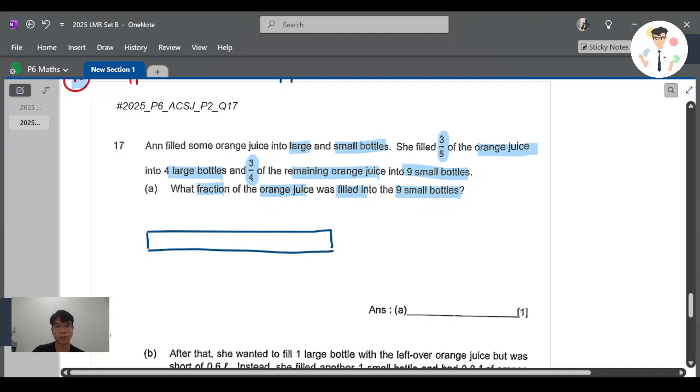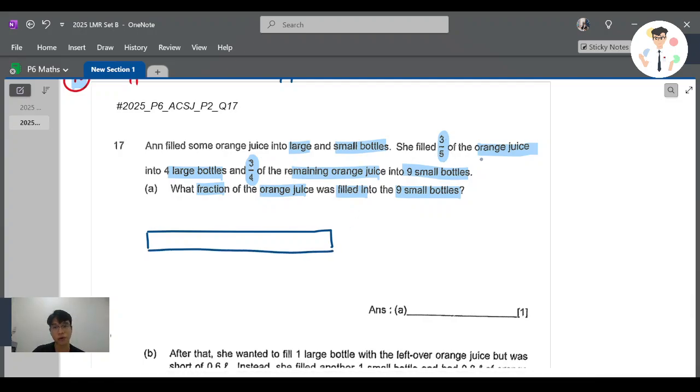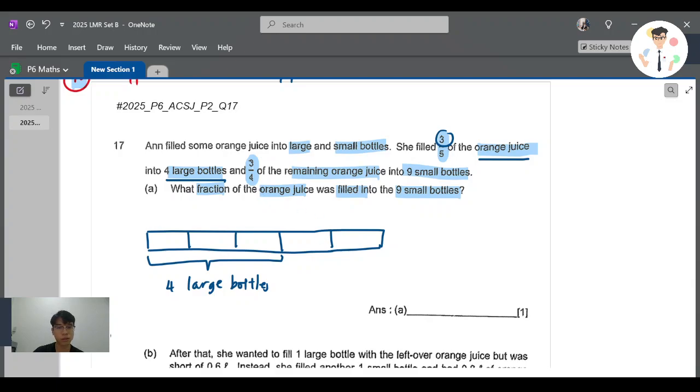Okay. Now, she filled 3 out of 5 of the oranges into 4 large bottles. So let's just cut into 5 parts. 1, 2, 3, 4. Let's just add on another one, 5. This 3 is filled with what? 4 large bottles. And 3 out of 4 of the remaining, here it says what?